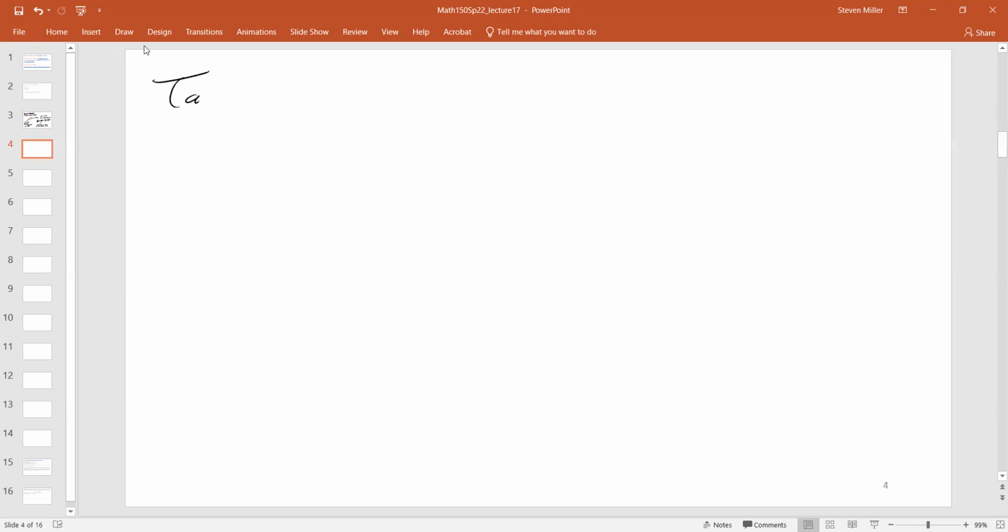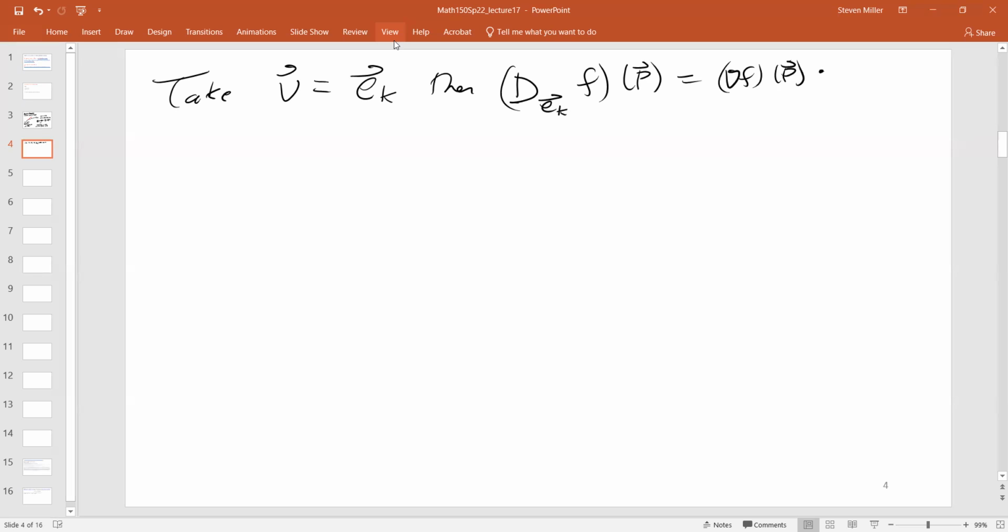So if we take v to equal our direction ek, then the directional derivative in the direction of ek of my function at the point P would just be the gradient of f at P dotted with ek. Well, that's just going to be df dxk at P, because ek has a 1 in the kth slot and 0 everywhere else.